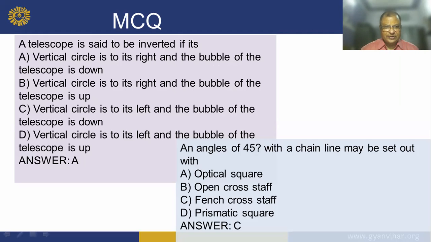A telescope is said to be inverted when. So, which is the correct answer? Correct answer is A. Vertical axis to the right, bubble of the telescope is down.